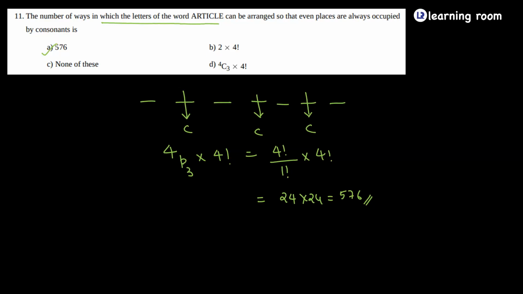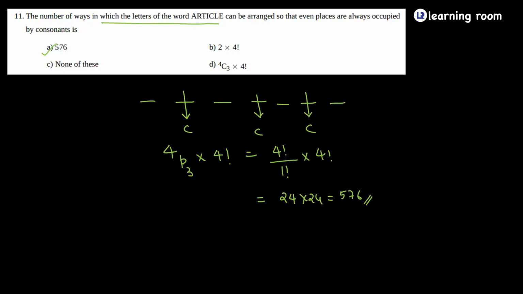Did you understand? You got it? So it is 576. Because how many letters are left out? Out of the 7 letters, you have made use of 3 consonants.